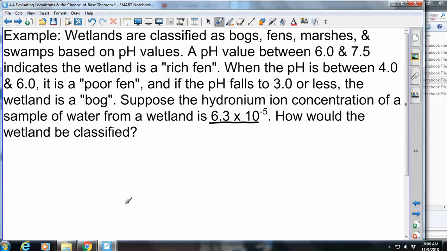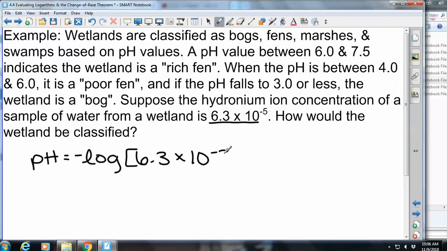So what do I need to do? Plug it into your formula. pH is the opposite of the log of H3O plus, which we are given. So you are just putting that in your calculator.